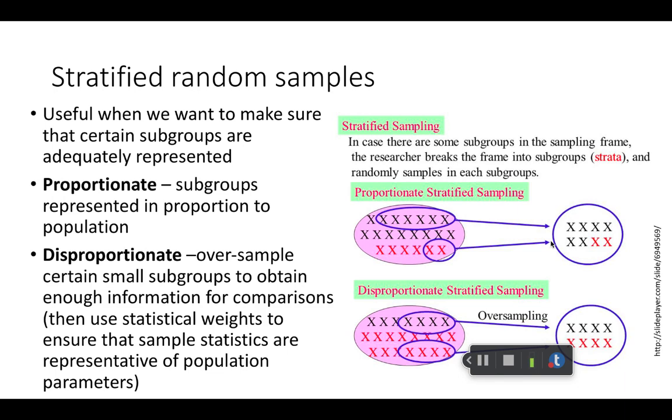But let's say we really want to compare black and red, and for purposes of our study, we want the sample to be divided between black and red equally for purposes of comparison. If that's the case, we're going to have to oversample one group in order to get equal numbers in the sample.